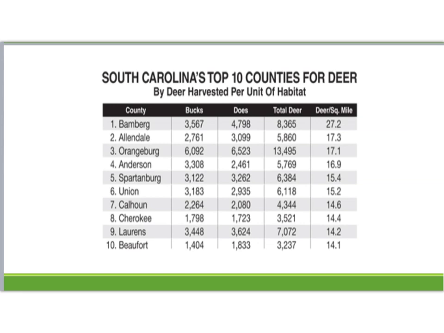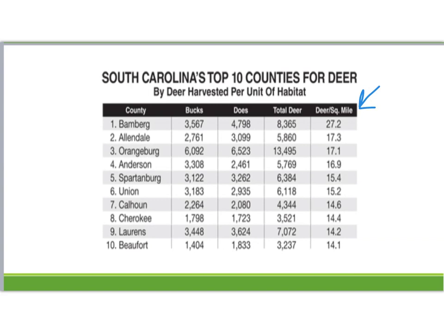Here's an example of some population density for deer. This is taken by the deer that have been killed during the hunting season, so it's by the deer harvested. And if you look over here in this last column, it tells you that it's the deer per square mile density that's calculated by how many bucks and does have been reported as being killed during hunting season in a particular county.